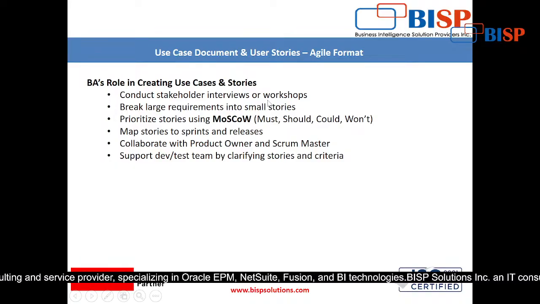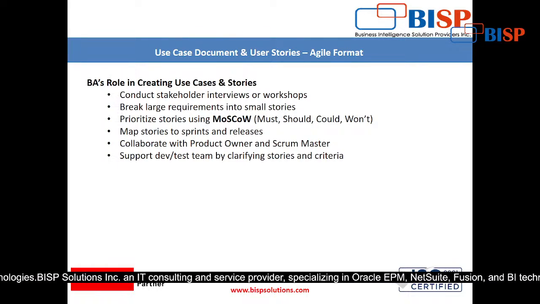Break large requirements into small stories. That is what I was explaining to you. For example, purchase order or P2P is a large requirement. It will be broken into stories: first create a requisition, then convert that requisition into a purchase order.